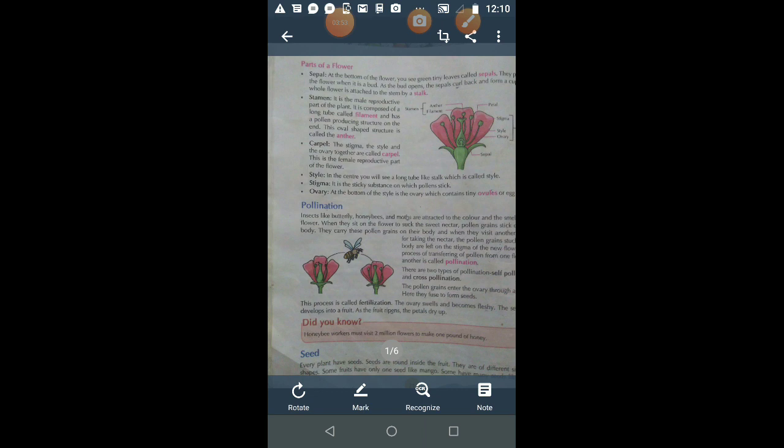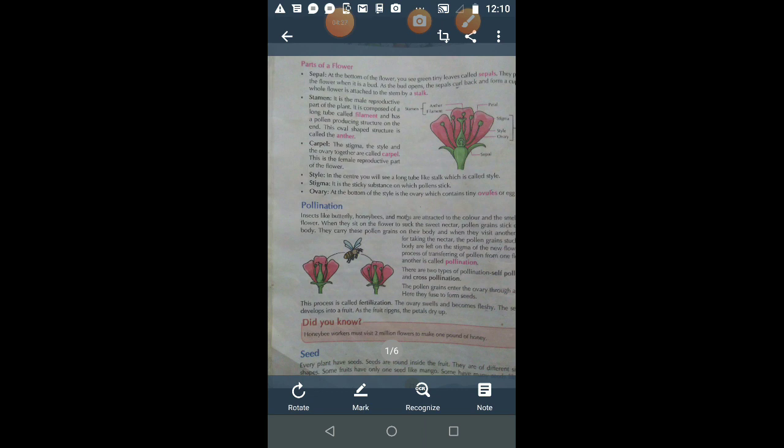Is it clear? So student, when I am explaining, please take one rough copy and note down the important points. See student, this is a new topic for you: parts of a flower and reproduction in flowers.